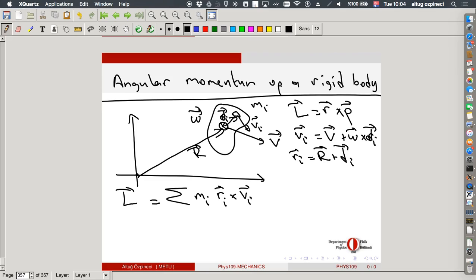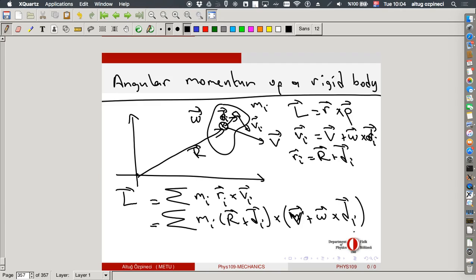Then the position of this very small mass is nothing but the position of the rotation axis plus the position of this very small mass relative to the rotation axis. This is equal to mi, r plus di, cross product, v plus omega cross di. Okay, this is the total angular momentum. Of course, we will simplify it a bit.